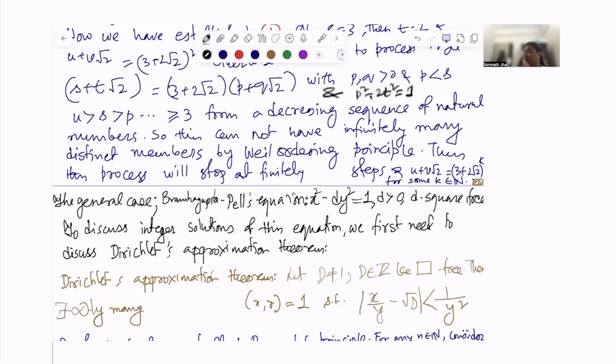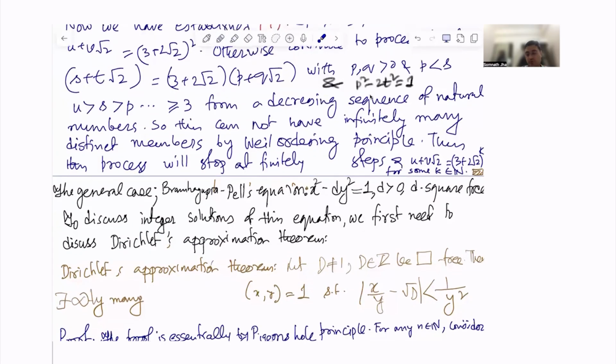As I said, this gives you norm 1 solutions of this equation. So it gives those units which have norm 1, and it corresponds to those elements in the ring of integers which have norm 1.